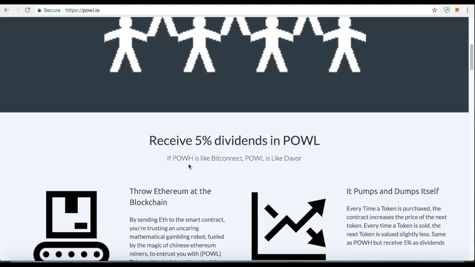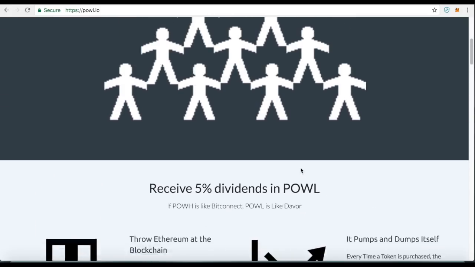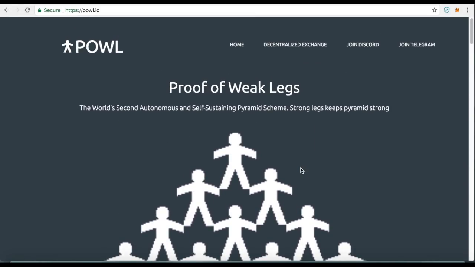If Proof of Weak Hands is like BitConnect, Proof of Weak Legs is like Devore. That's interesting. Okay, so I'm not showing you this because I'm promoting it. I'm showing you this because this is a clone. It's a copy. And of course I just wanted to bring this to your attention so you're not surprised of what is out there.